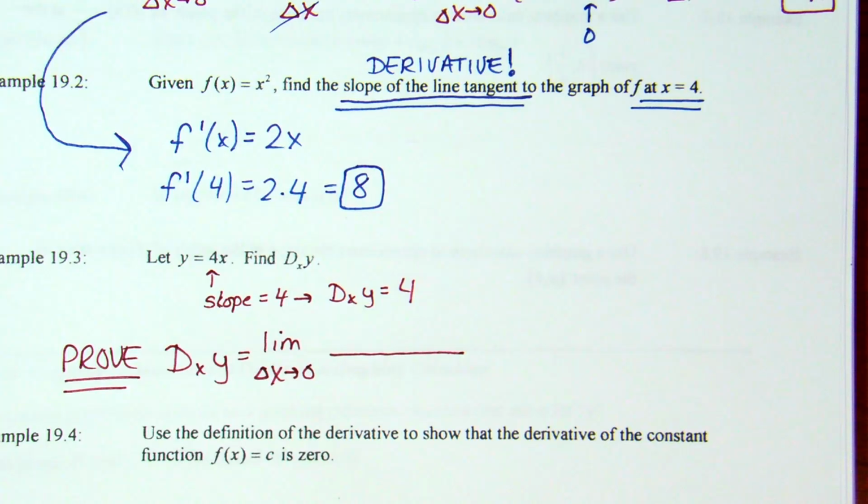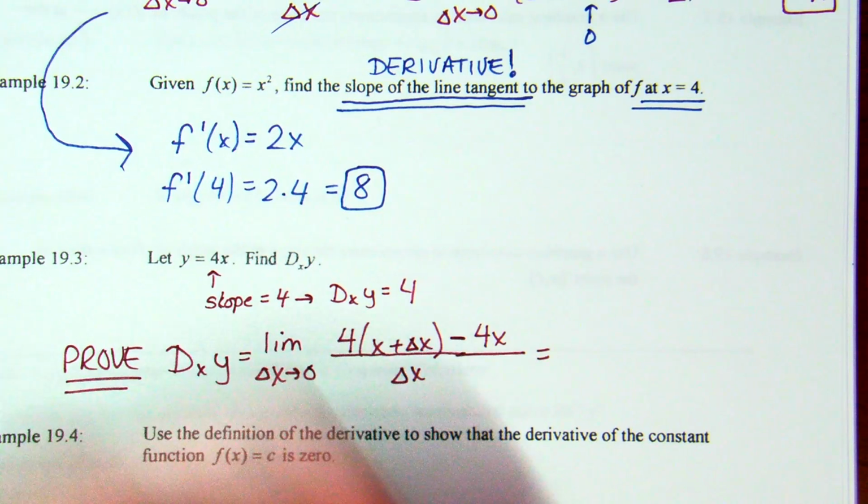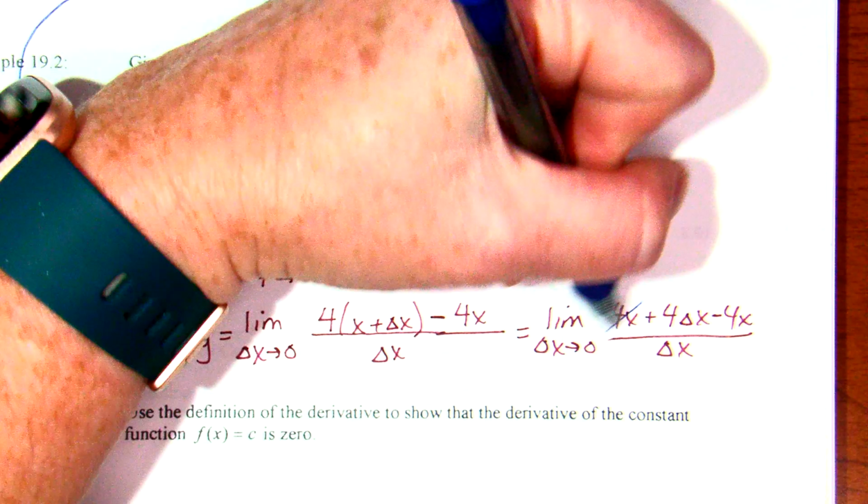The math on this one is much easier than the math on the last one, isn't it? I'm going to keep rewriting the word limit as delta x approaches 0. Instead of foiling this time, you only have to distribute. So 4x plus 4 delta x minus 4x all over delta x. The 4x's will cancel.